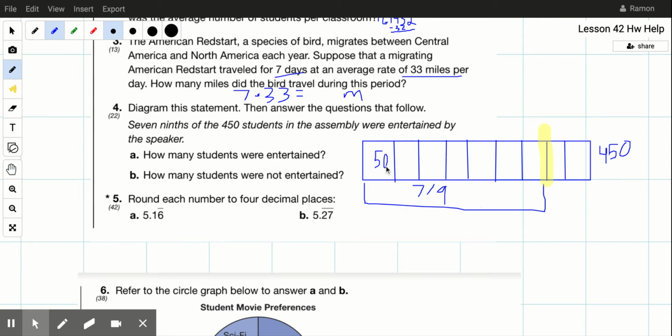So it would be 7 times 50. How many were not entertained? Well, what fraction were not entertained? That's 2/9. So it'd be 50 times 2. So here we have 50 multiplied by 7. And here you have 50 multiplied by 2.